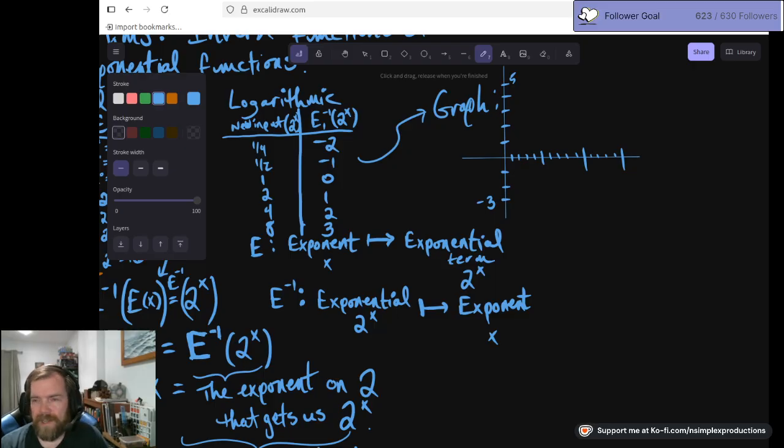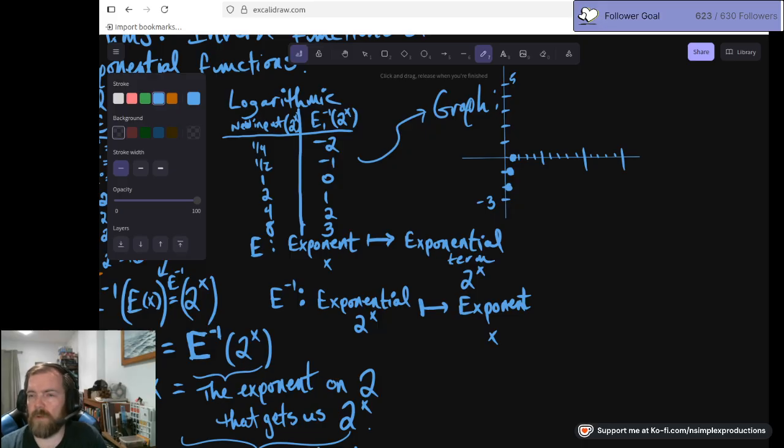So when x is 1/4, which is way in here, y is going to be -2, so we get a point here. When x is 1/2, which is about here, we get a y value of -1. When x is 1, we get a y value of 0. Then we keep increasing our y values.